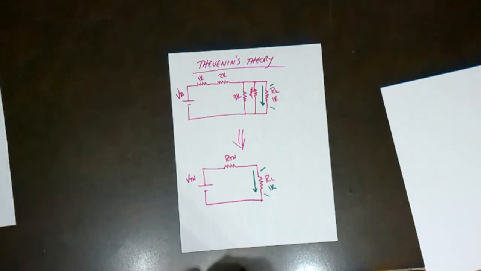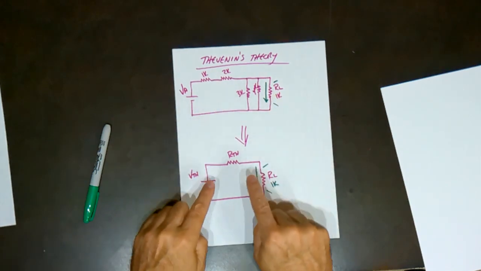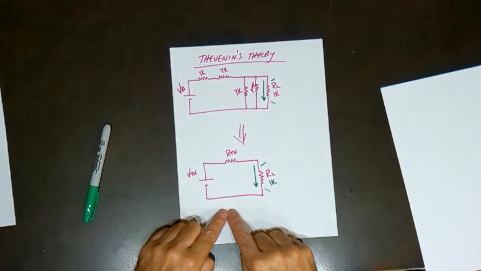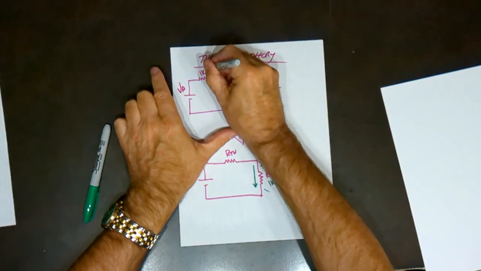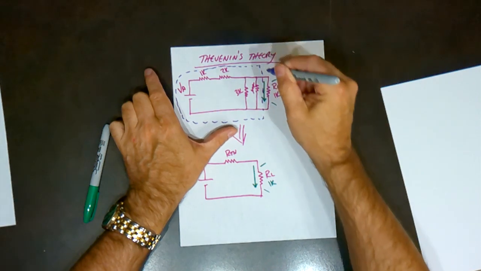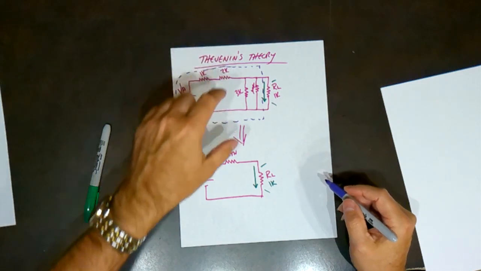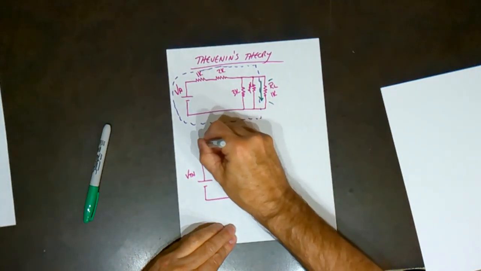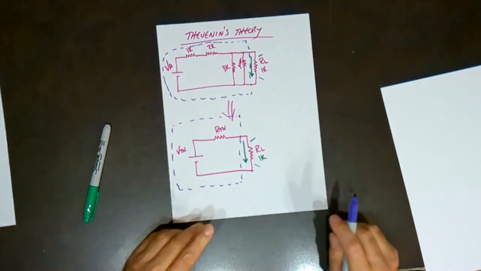So the output of this circuit will be exactly the same as the output of this circuit. Think of it as, here's your box. The energy coming out of that box will be the same as the energy coming out of this box.